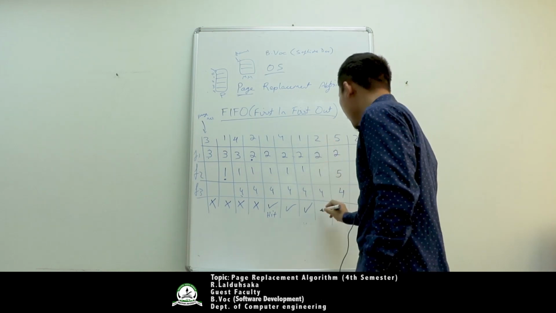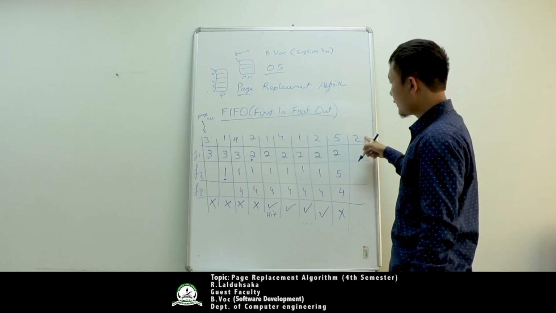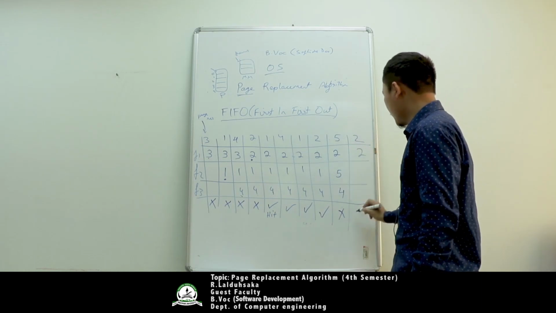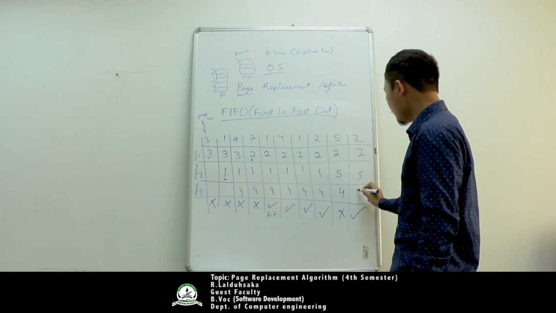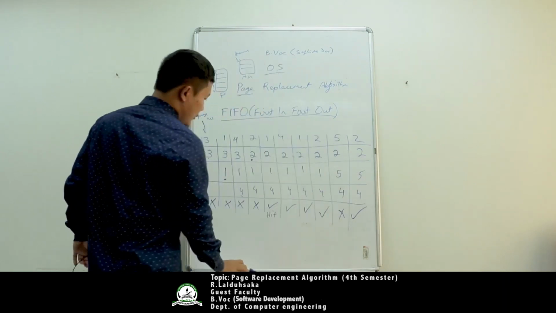This is a page fault. Next comes 2. 2 is already there, so no need to change. So this is a hit. This is how the frames are filled when there is demand paging.